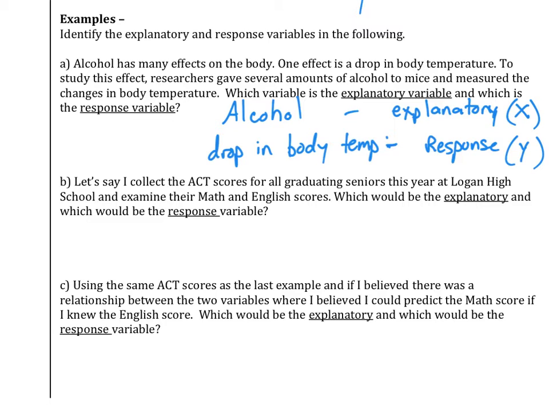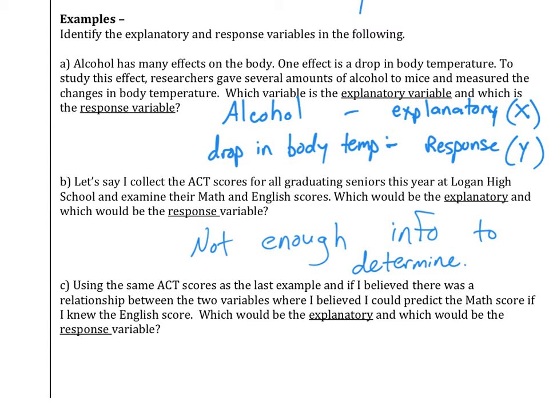There's not really a connection, is there? So this one is just not enough info. And that can happen. Sometimes people try to do studies and they really don't have enough to determine something. So right now, there's not enough info to determine which one would be the response and which the explanatory.